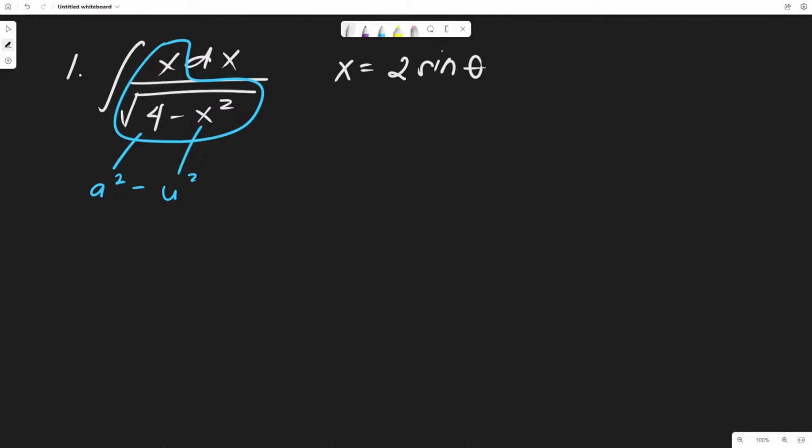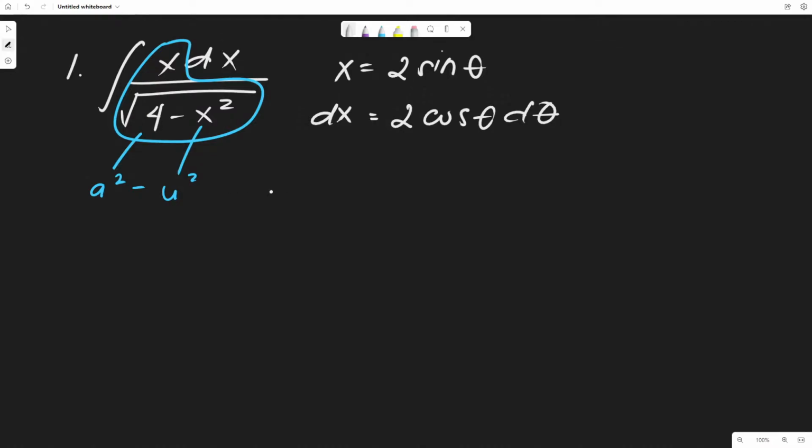We also need to get dx, because when we use trigonometric substitution we also need to substitute the value of dx. What is the differential of 2 sine theta? We have 2 cosine theta d theta. So that is what we will substitute.